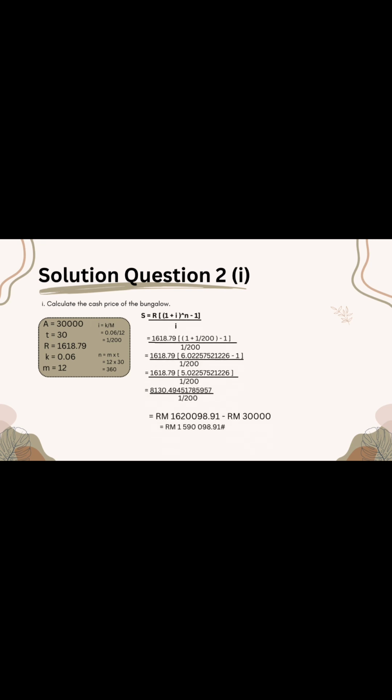In this question, we use S equals R multiplied by (1 plus I) to the power of N minus 1, divided by I formula.